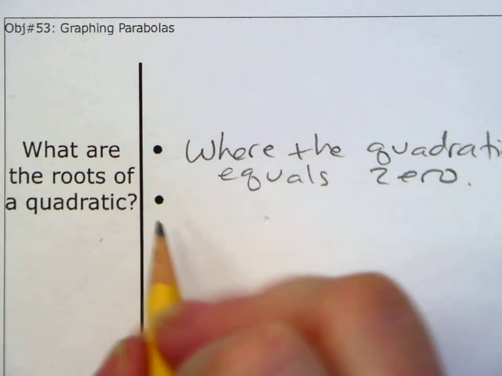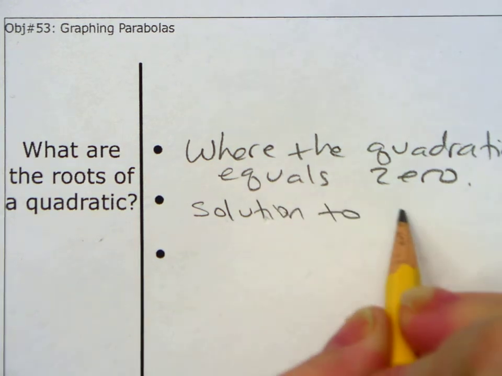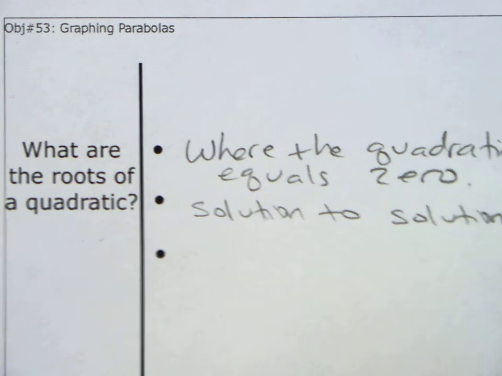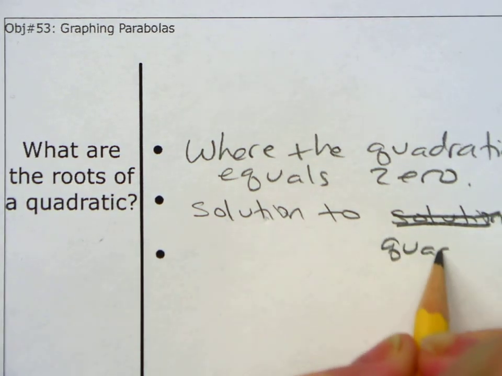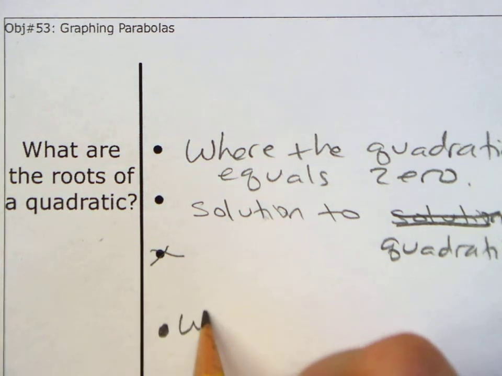It's also the solution to a quadratic. And finally, if we think about what that means graphically, it's where the graph crosses the x-axis.